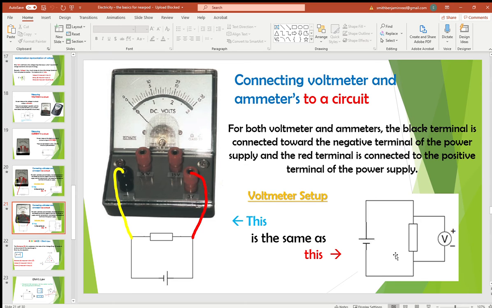Whereas, like I said earlier, a voltmeter doesn't have to actually be within the circuit. It can measure across an object in the circuit. So this setup right here is the exact same thing. Here you can see you have a full circuit, and then you take the voltmeter and you hook it onto the circuit from the outside. You don't actually have to disturb your circuit.